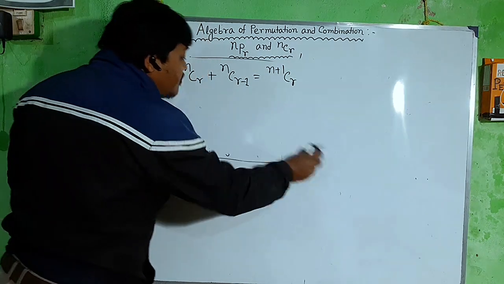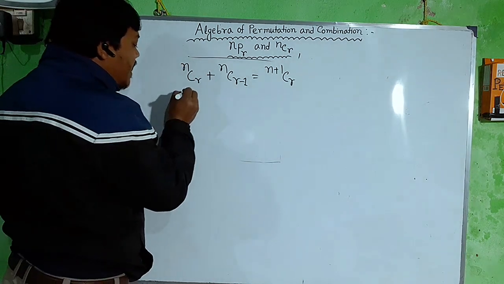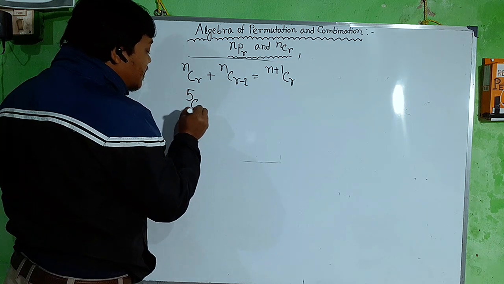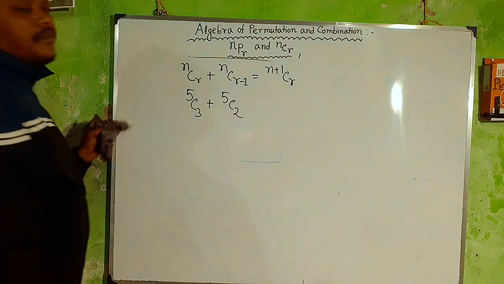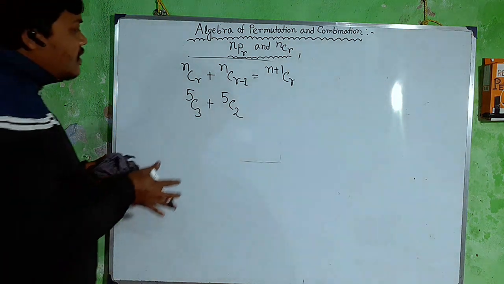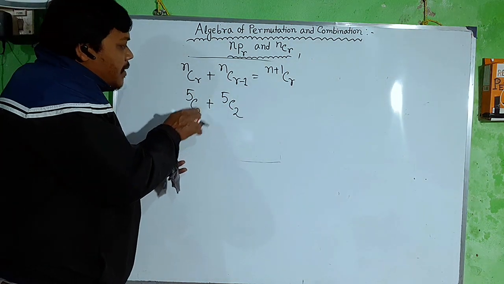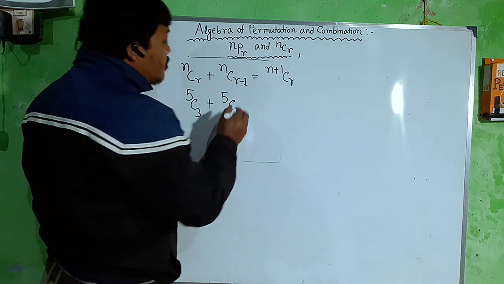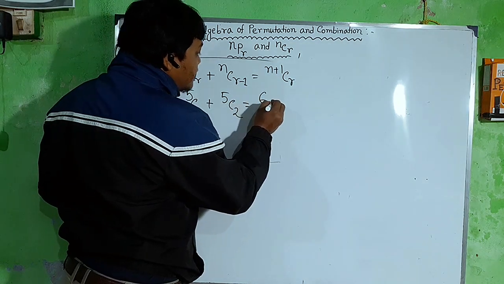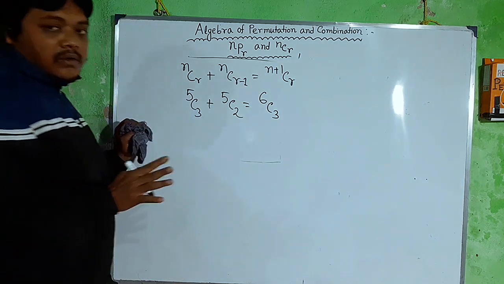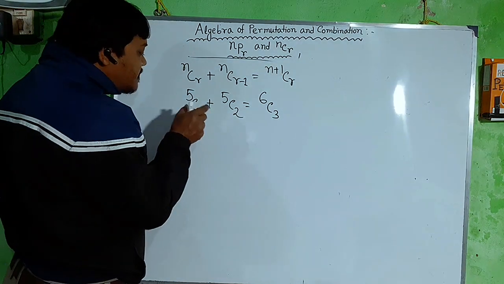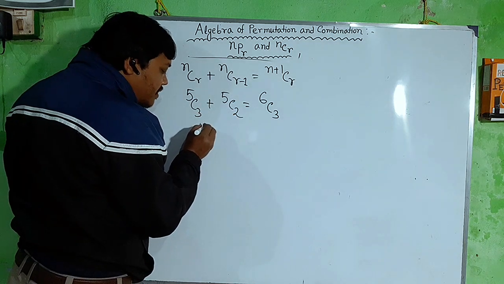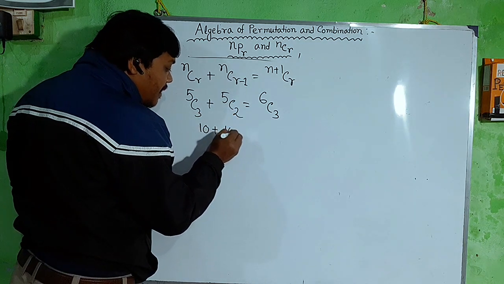So using this result, what is the value of 5C3 plus 5C2? If you calculate it separately, you will get 6C3. Calculate it separately and justify. 5C3 and 5C2 are both 10, as we have already calculated, so 10 plus 10.